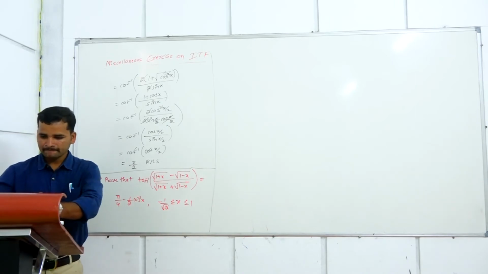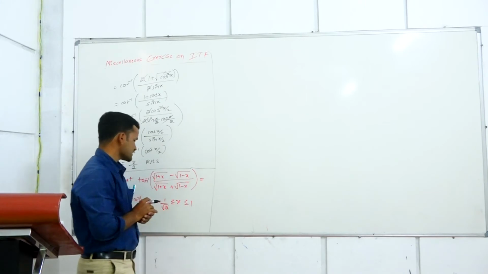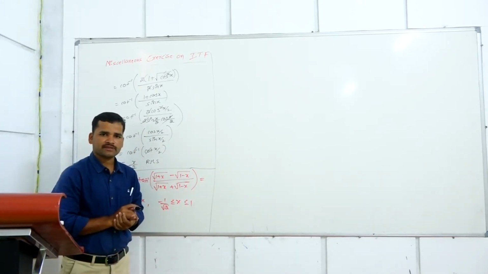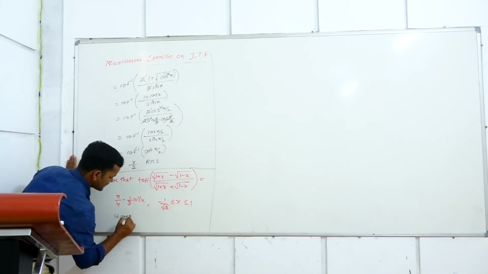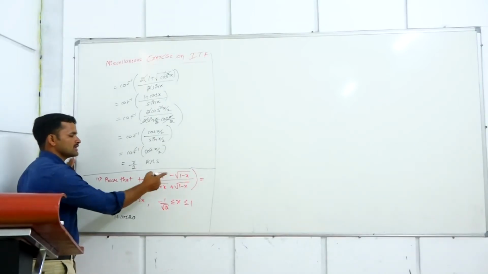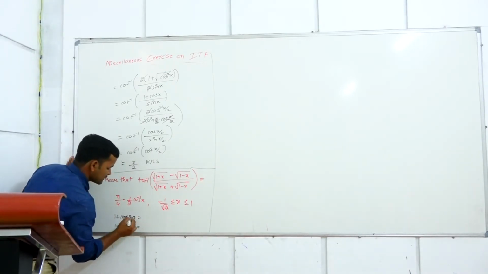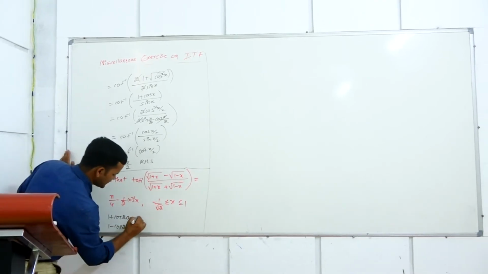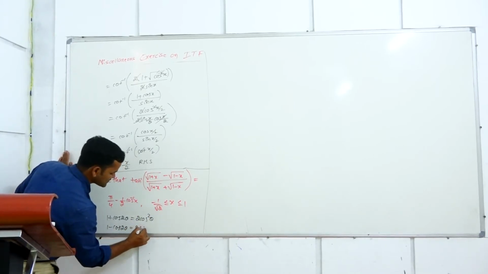Very simple it is again. Let us take the LHS. Before going to the LHS, just by seeing this, what can we substitute for x? Suppose we substitute for the formulas like cos 2 theta. 1 plus cos 2 theta we will have, and also 1 minus x is there, we will have 1 minus cos 2 theta also. 1 plus cos 2 theta is 2 times cos square theta, and 1 minus cos 2 theta is 2 times sin square theta.